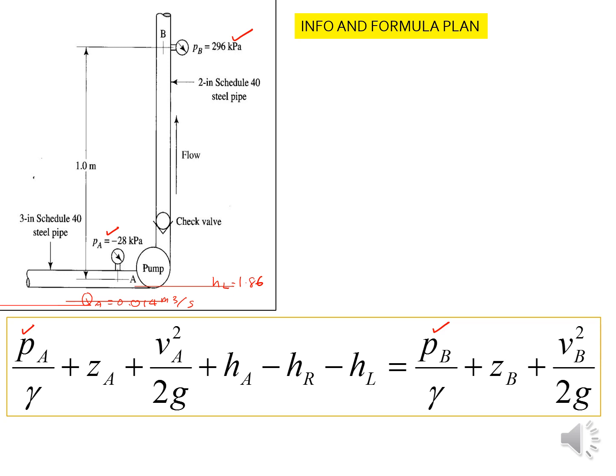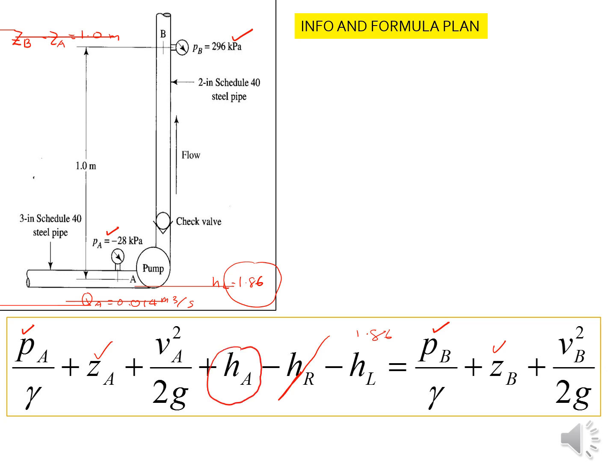If you notice here, point B is higher than point A, so ZB minus ZA equals 1 meter. So we can settle the ZA and ZB term. The HL is already provided from the question, which is 1.86. In this case we don't have the HR, because there's no motor, and we need to find the HA.